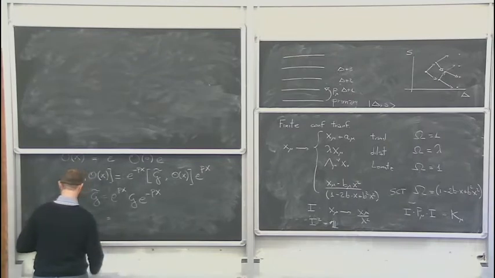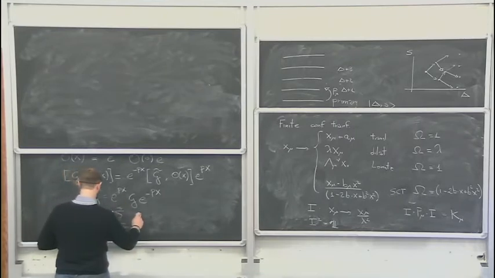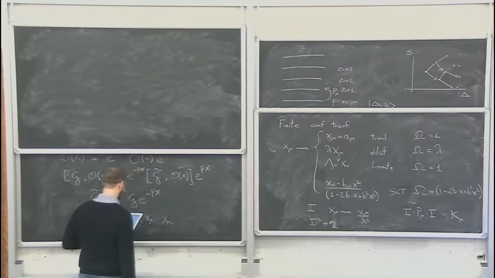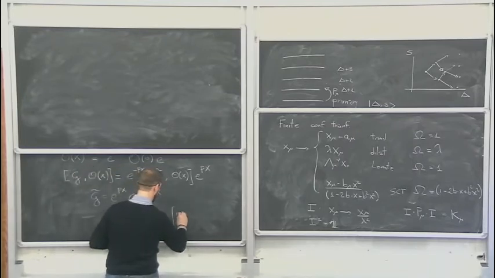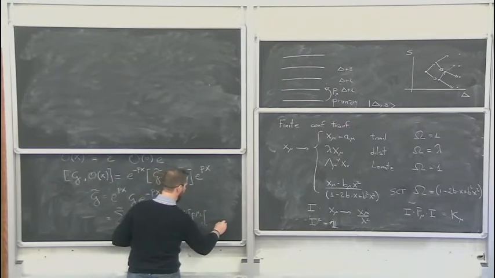So this can be written as a sum over n going from 0 to infinity, 1 over n factorial, x mu 1, x mu n, and then a set of nested commutation relations of the form P mu 1, commutation relation with P mu 2, and in the end you get G.